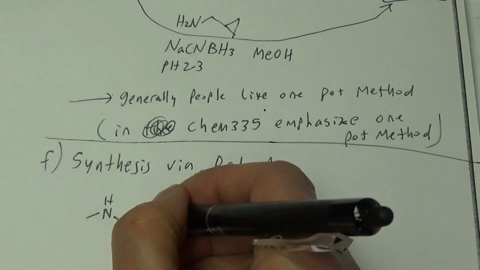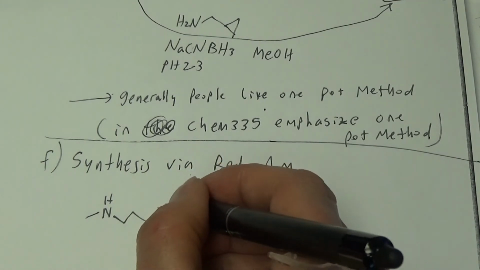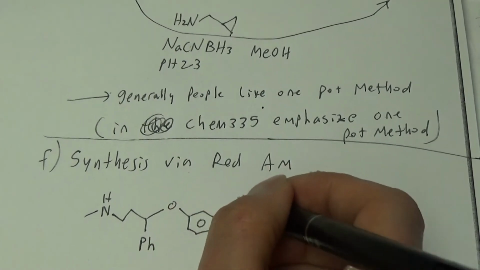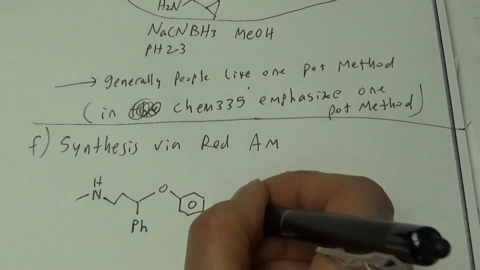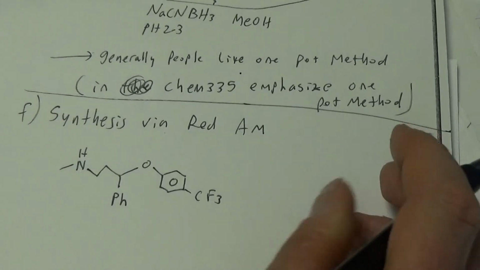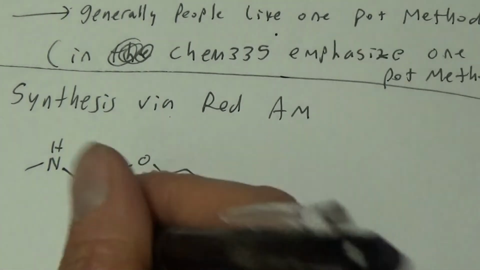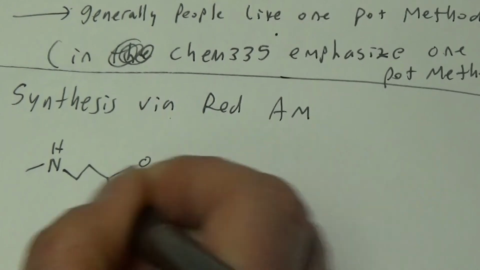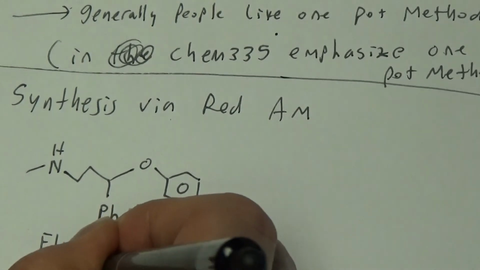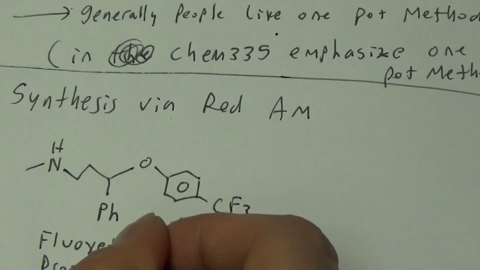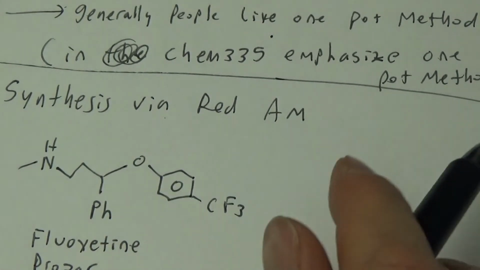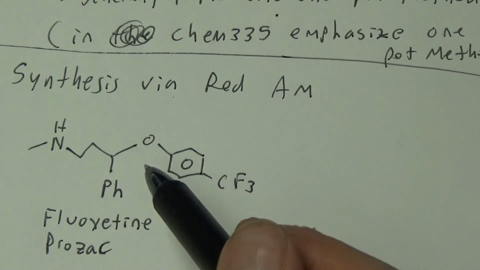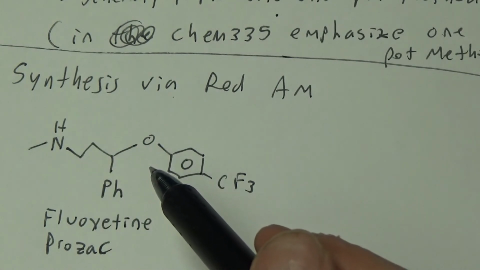We have an amine in there, and a little bit of other stuff. There's a benzene with a CF3. So that's fluoxetine, which is Prozac. And we're going to synthesize the amine through reductive amination.